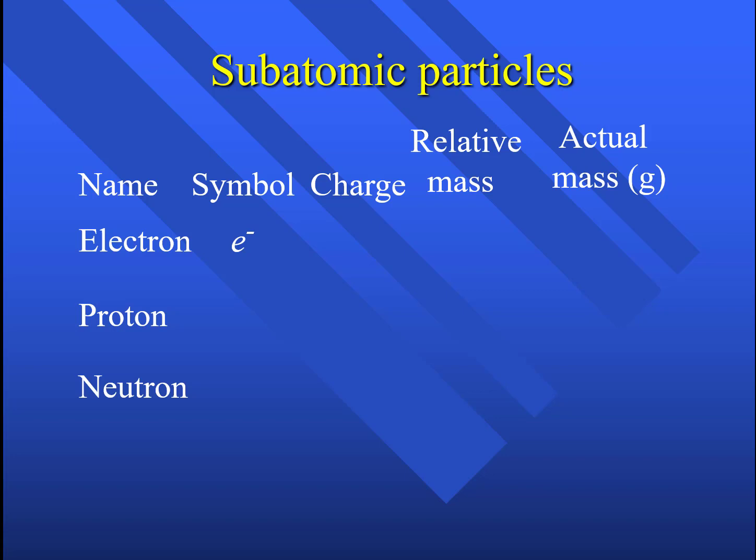It's lowercase because we don't want it to be an element. Elements always start with capital letters. And the negative tells us the charge. So knowing that's what they're going to do for electron, what do you think they're going to do for proton? You probably guessed right. P with a positive sign.